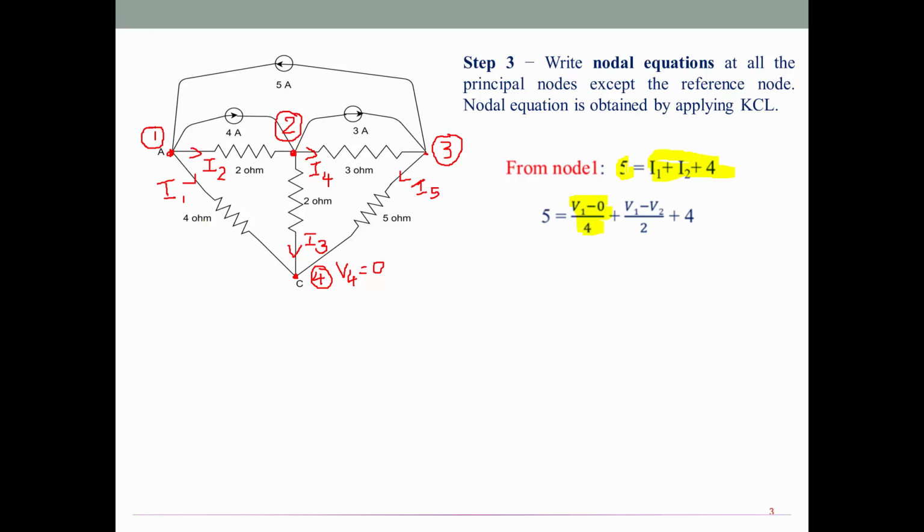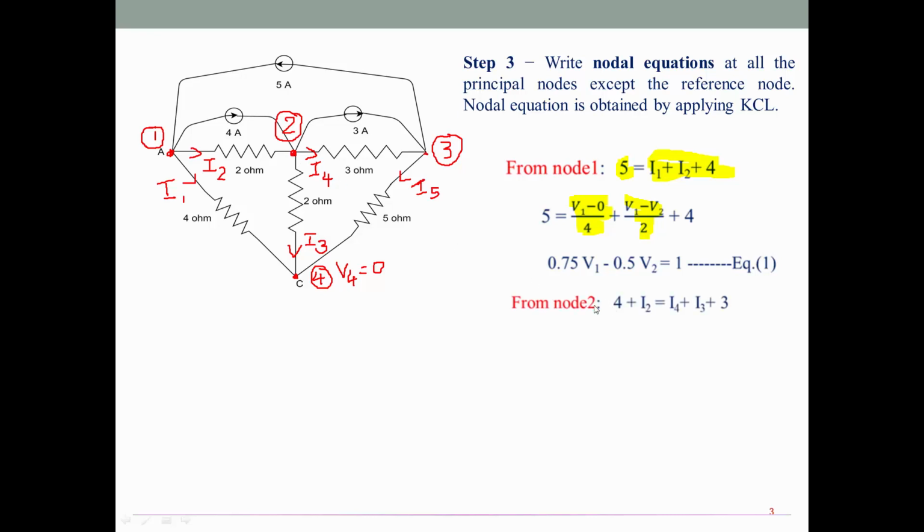Whereas V4 is assumed to be 0, that is why V1 minus 0 by 4. Current I2 is flowing between node number 1 and 2. So it is starting from 1 towards 2, so V1 minus V2 by 2. Upon simplifying, you may get 0.75 V1 minus 0.5 V2 is equal to 1 as equation number 1.